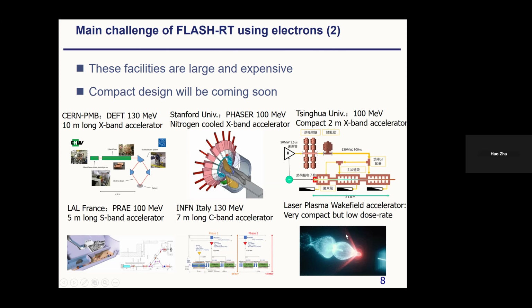It is very compact. To generate 100 MeV electrons with laser plasmas, you may only need centimeters, like the size of your finger. But the beam current is very, very low. So it's a VHE machine, but the dose rate is so low that we cannot use it in FLASH radiotherapy.